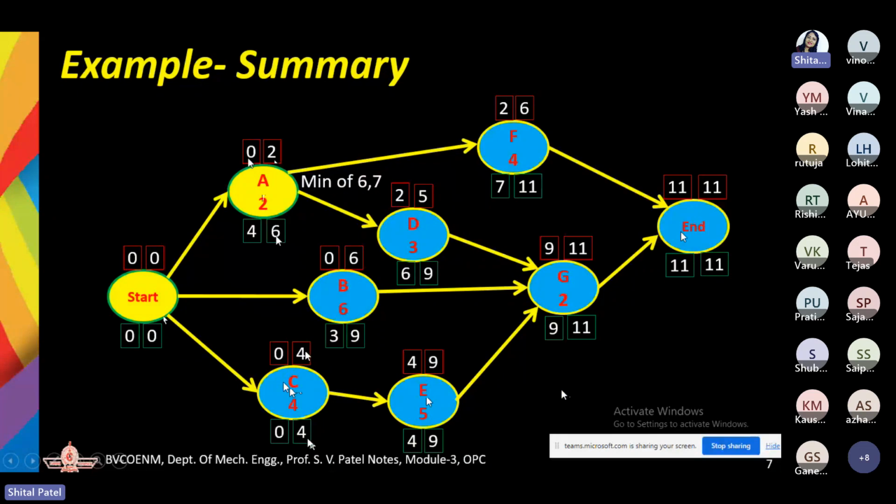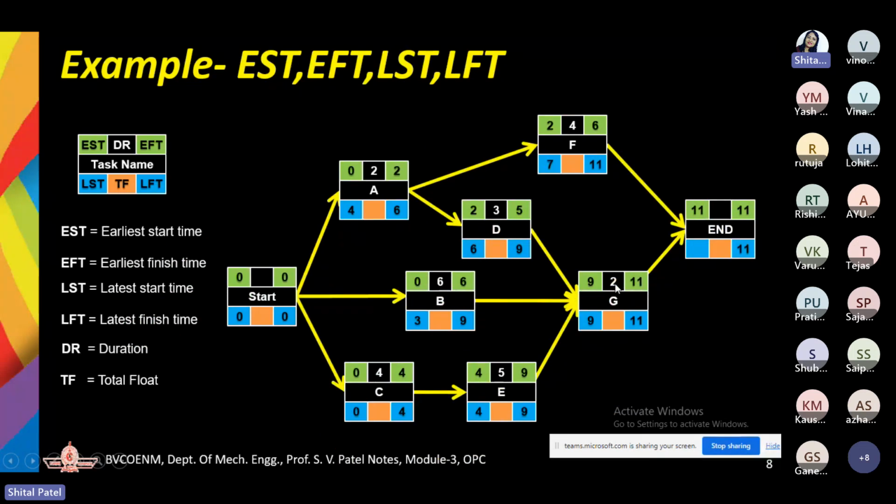So this is the same one. Similarly for E, we are having earliest start and latest start as 4, and earliest finish and latest finish as 9. So these are both the same. Similarly for G, we are having 9, 11, 9, 11, right? So this path, that is start, C, E, G, end, is called the critical path. Am I clear? So now this is the summary for you. In this way I have mentioned.